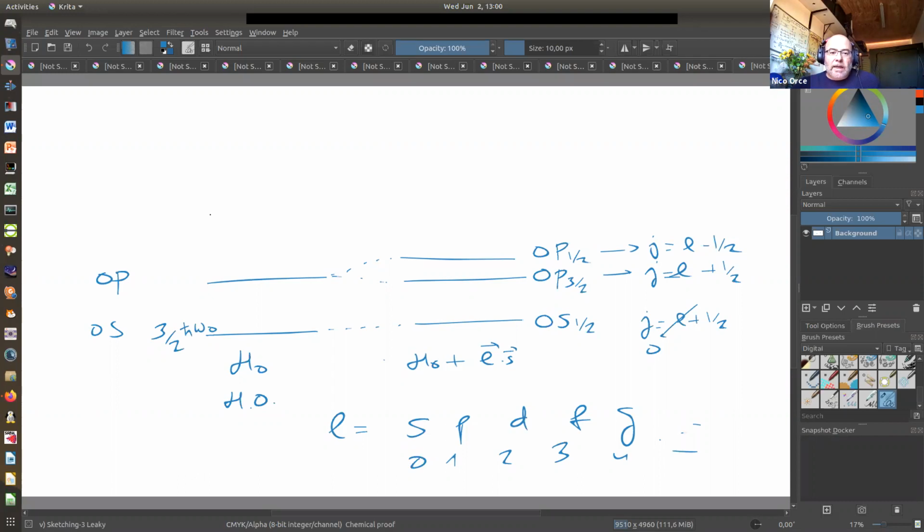So now we go to the next one, and this is very interesting. I want you to calculate it as an assignment. So these were 0D and 1S. As we know, for the 1S nothing is going to change because again L equals 0. So the 1S will remain there, but the 0D will split again into 0D 5/2 and a higher energy level, which will be the 0D 3/2.